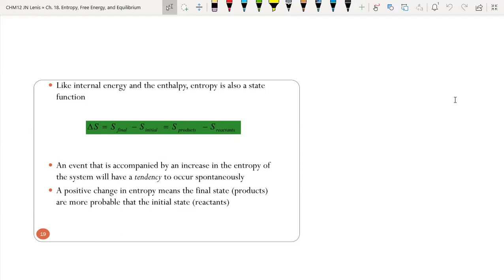So we have delta, final minus initial. Final states minus initial states. This is important because that can give us a chance to take measurements in a chemical reaction.